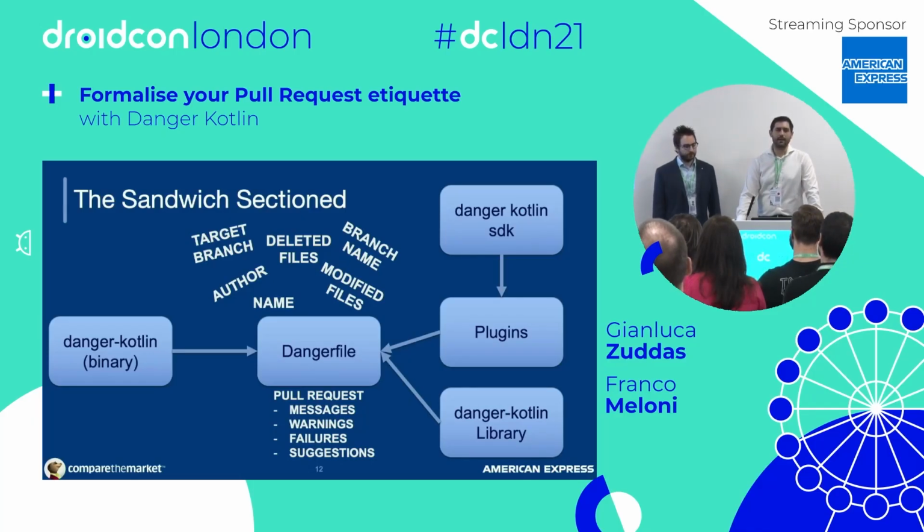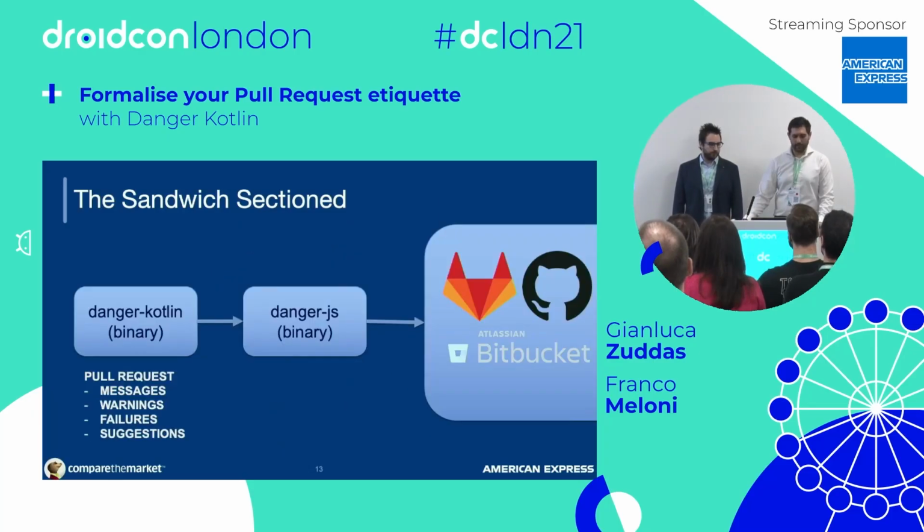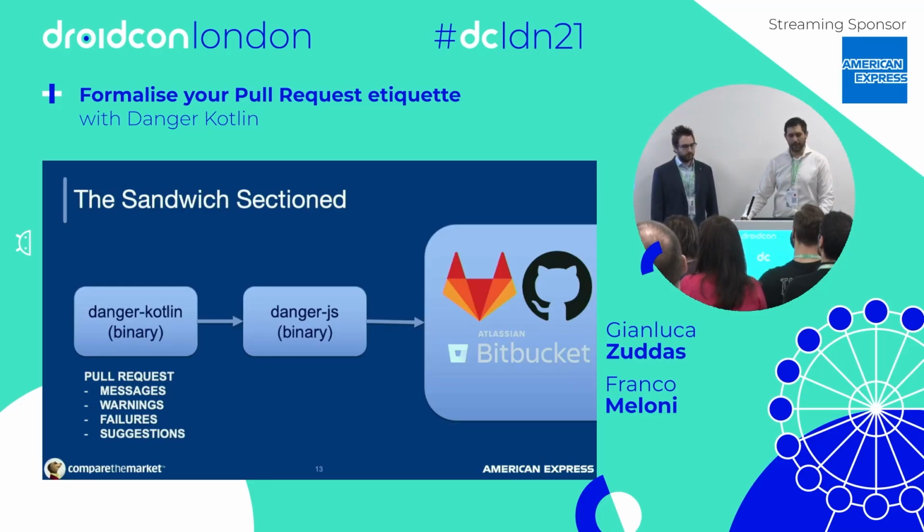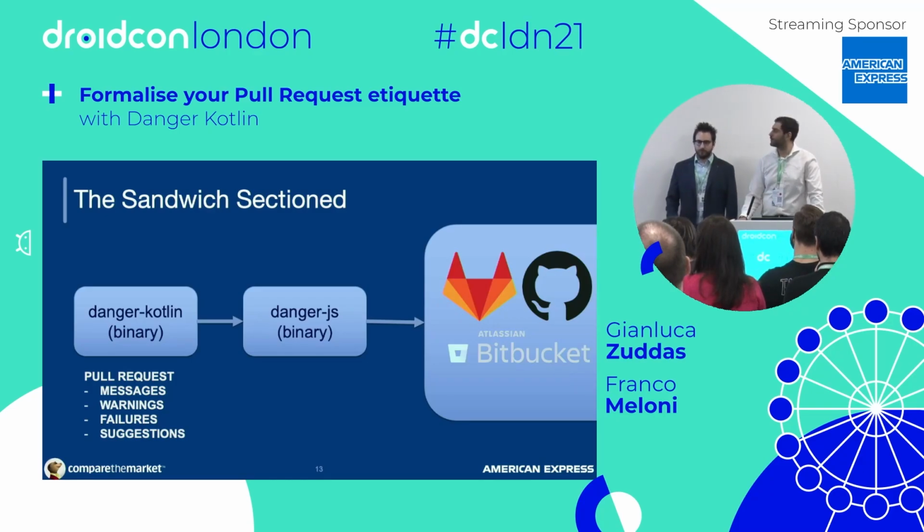And the Danger file itself is a special Kotlin script, specifically designed for Danger. And yeah, closing the sandwich, the Danger Kotlin binary gets all your messages, warnings, failures, or suggestions, and gives all this bunch of stuff to Danger.js, which is going to publish it back to your pull request.